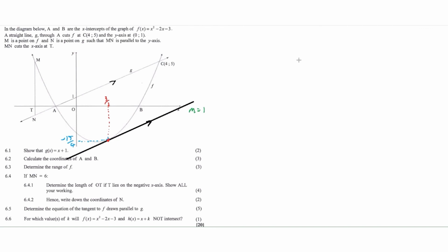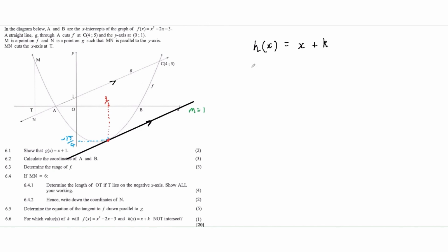For our final question, 6.6, we're asked for which values of k h of x equals x squared minus 2x minus 3 and h of x equals x plus k do not intersect. Now if you look at the straight line equation they give us here, h of x equals x plus k, we don't know what our k value is.